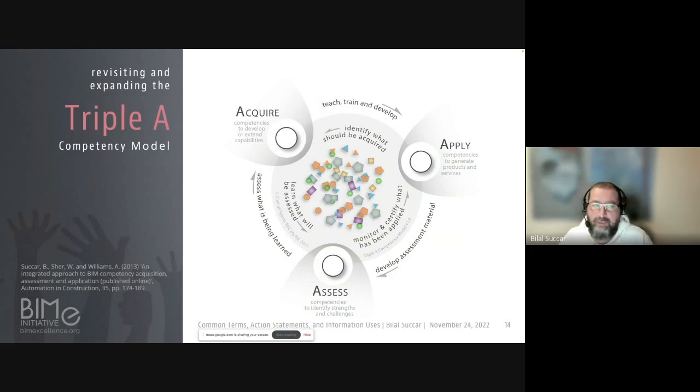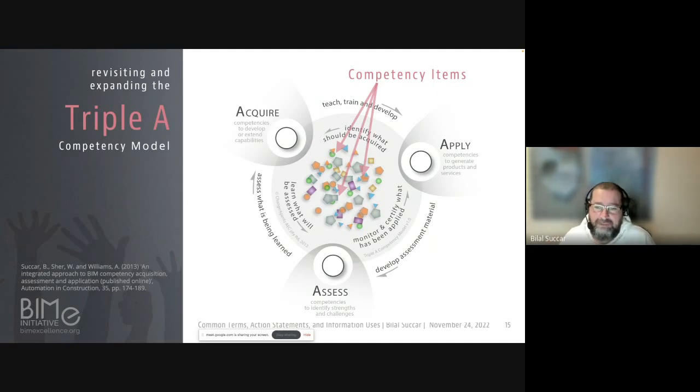This is the AAA model, and we refer to AAA because it really is about how we can use what we refer to as competence items, the same competence items, to assess, to acquire or learn, and to apply, meaning to implement. So: assess, acquire, and apply. It's really made of these competency items, and I'll show an example of what that means in different ways.